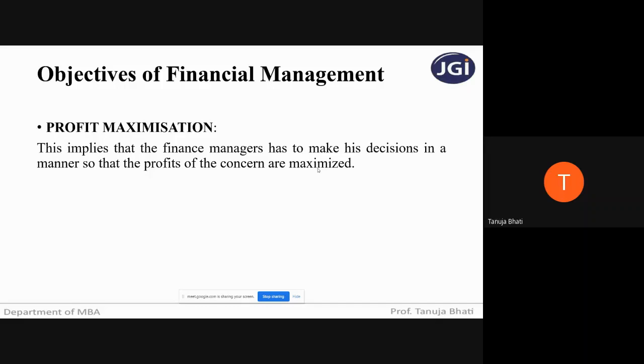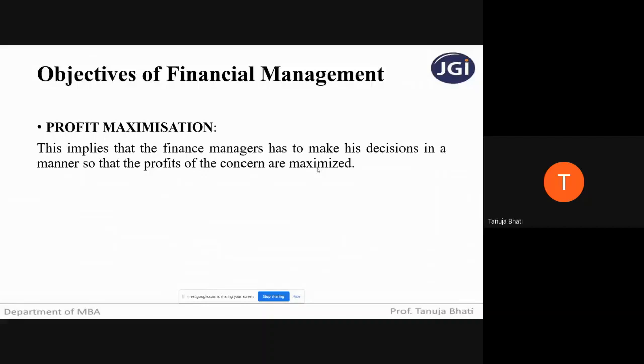Students, even if you all set up a business, what will be your first objective? If I'm investing money in the business, if I'm putting the capital into the business, my objective is to earn maximum profit. Correct?